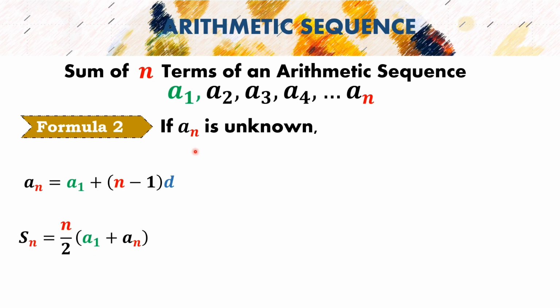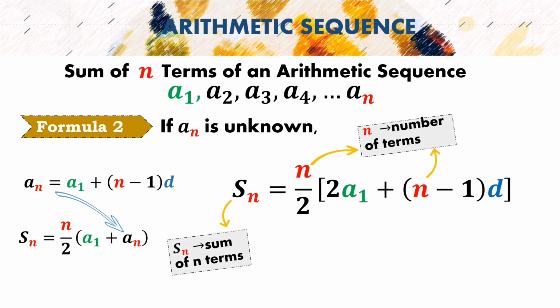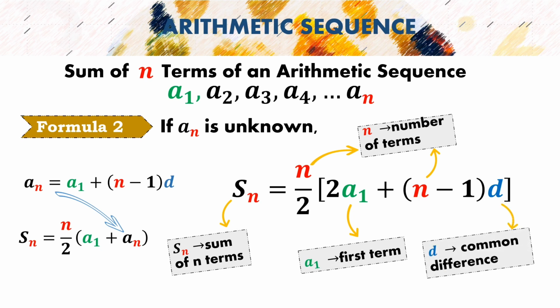So we're going to substitute the formula for a sub n, or the last term. Therefore, we have S sub n equals n over 2 quantity 2 times a sub 1 plus quantity n minus 1 times d, where S sub n is the sum of n terms, n is the number of terms, that's how many terms are to be added, a sub 1 is the first term, and we need the common difference d.